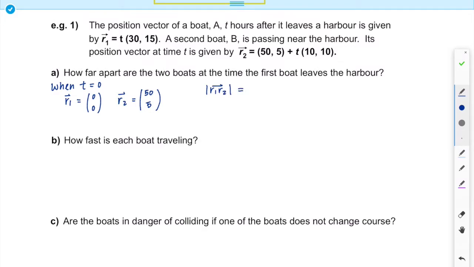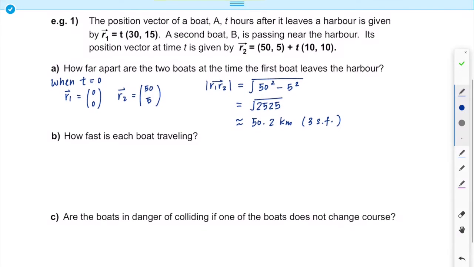So the square root of 50 squared plus 5 squared, if you take the difference between the two vectors, is √2525, or approximately 50.2 kilometers, rounded to 3 significant figures.